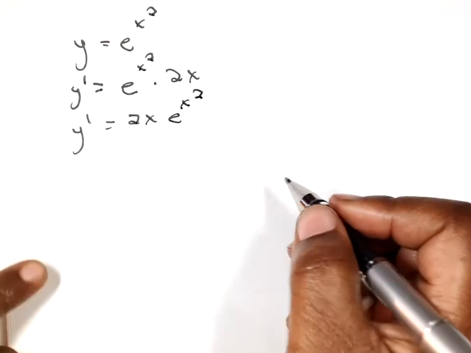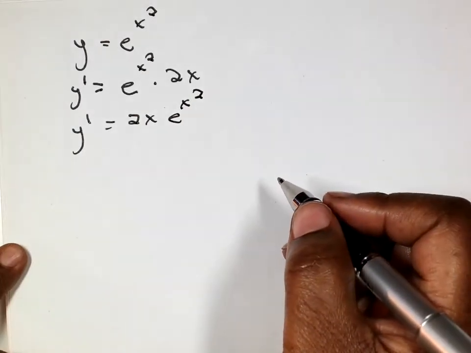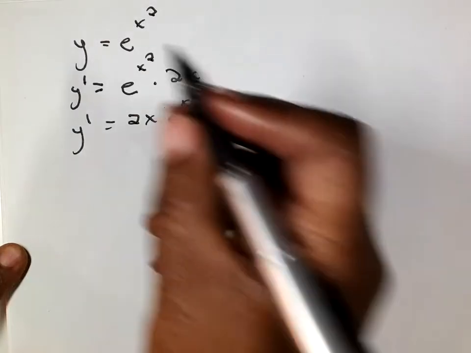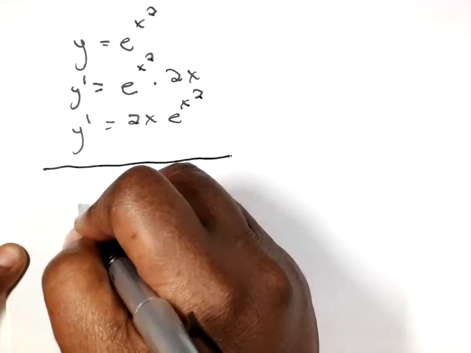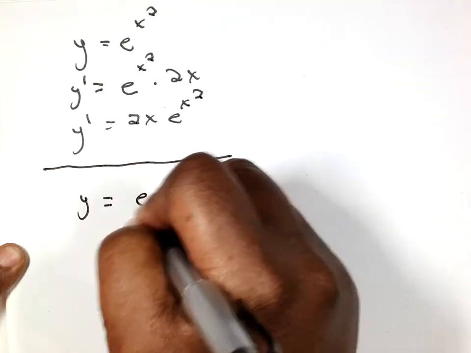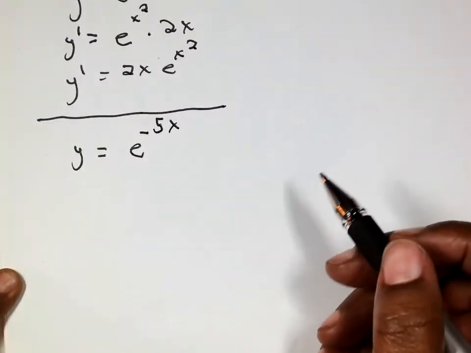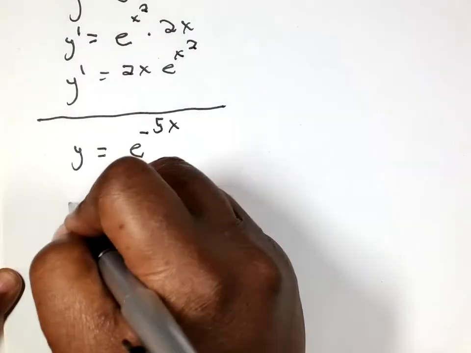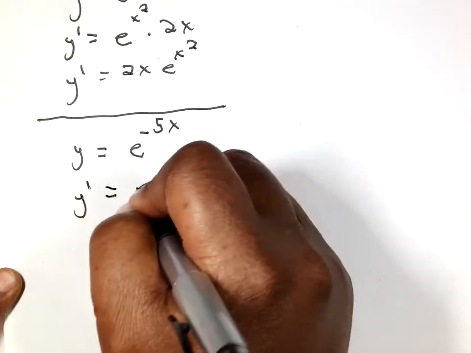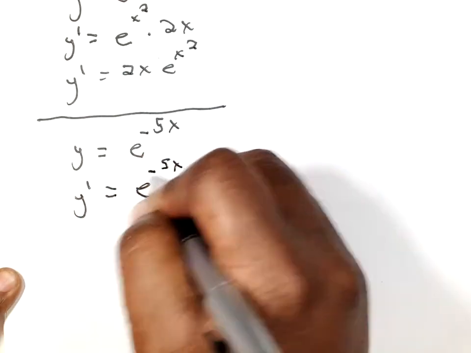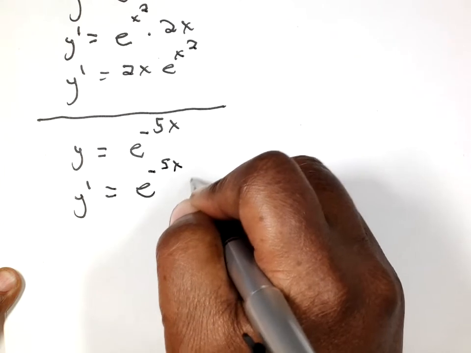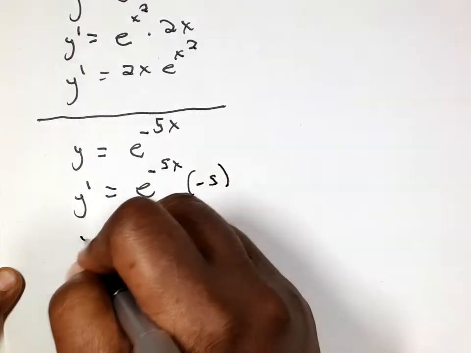So y prime is going to be 2x times e to the x squared. Another example, y equals e to the negative 5x. So that derivative is going to be e to the negative 5x times the derivative of negative 5x, which is negative 5.